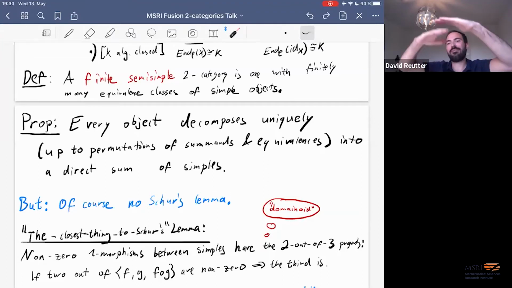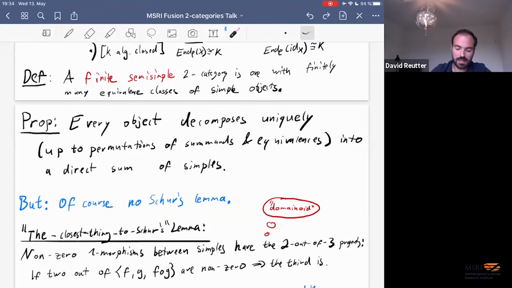So we're now one level too far away from the top level to get something like Schur's lemma. But what we still get is this condition, which is saying that non-zero 1-morphisms between simples have something like a 2 out of 3 property. So if 2 of f, g, and f composed with g are non-zero, then the third is non-zero.